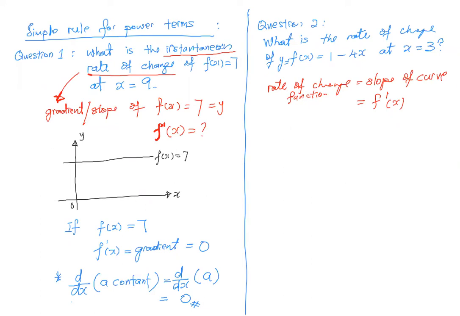Hafiz. Yes, Miss. The answer for this question, please. -4. How do you know it's -4, Hafiz? To explain. Just try. How do you know it's -4?